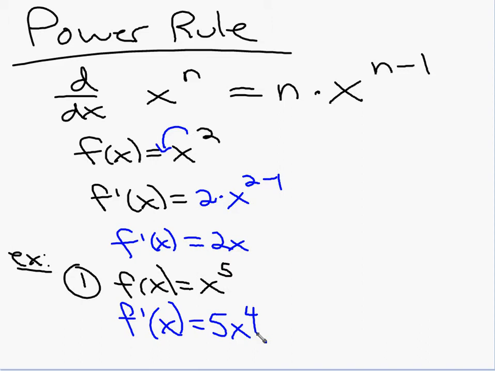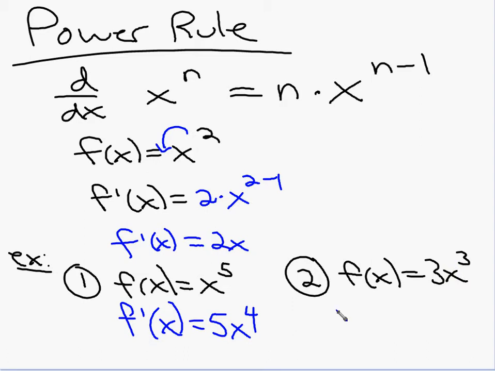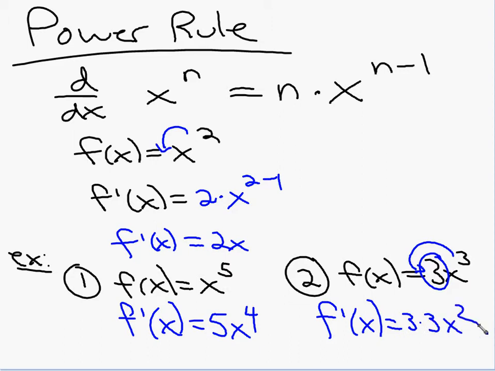What if my original function was 3x cubed? Then using the power rule, I bring this 3 around and multiply it by this original 3. So it will become 3 times 3 x to the 2nd, or 9x squared. And that's how that power rule works.